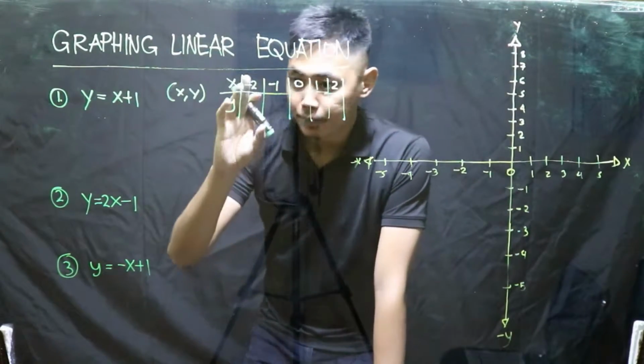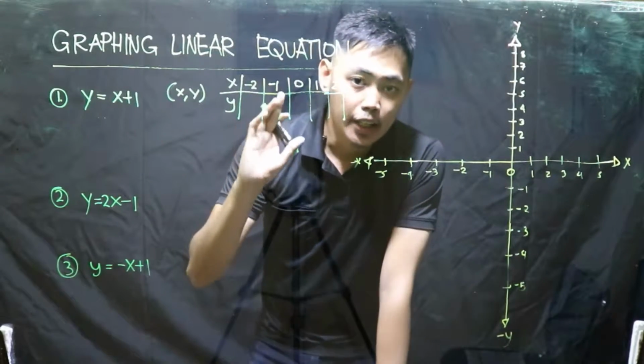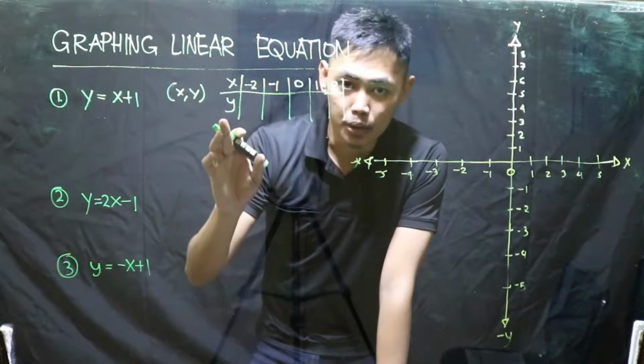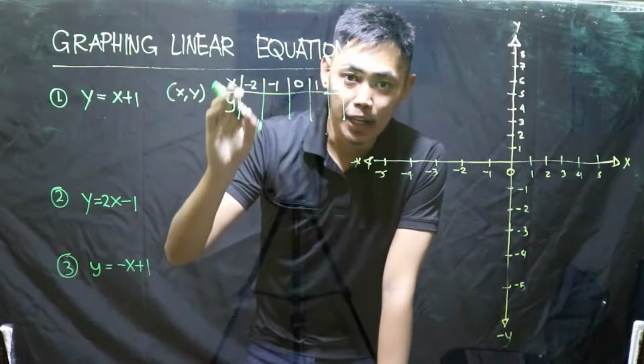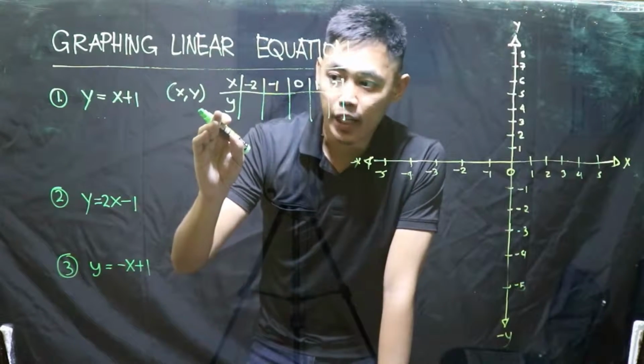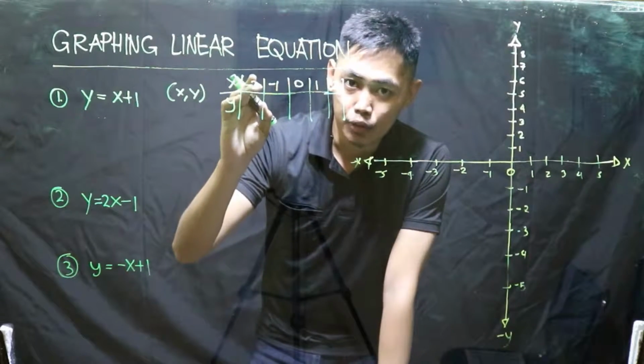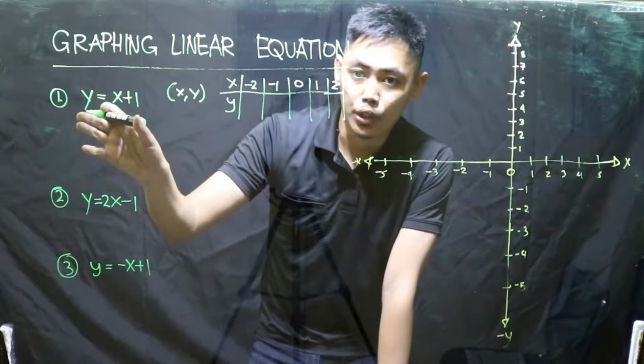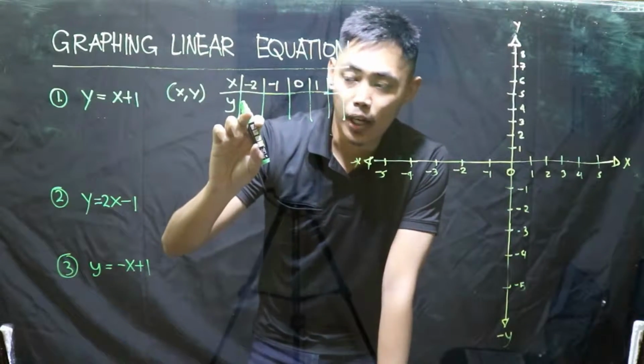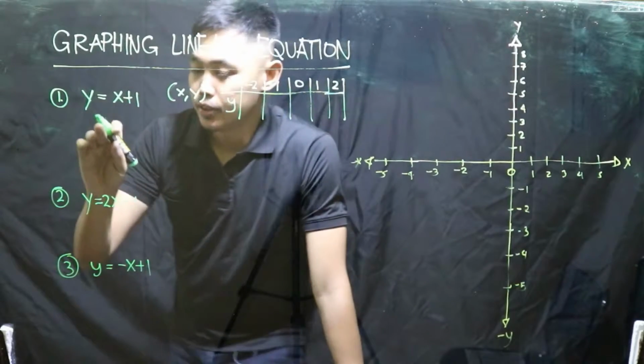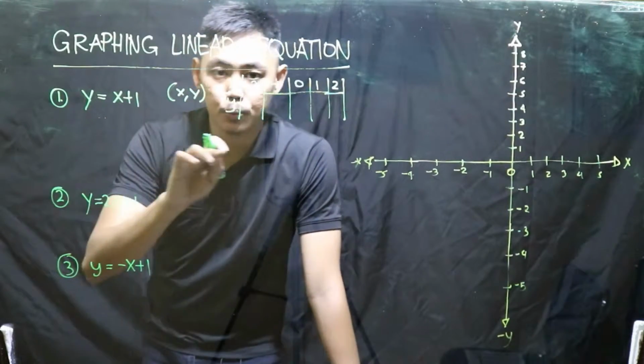Okay? Y, on the other hand, is our dependent variable because y is dependent on x. So, if we say x would be negative 2, we will need to use the equation in order for us to get the y. Let me show you how. So, we have y equals x plus 1.